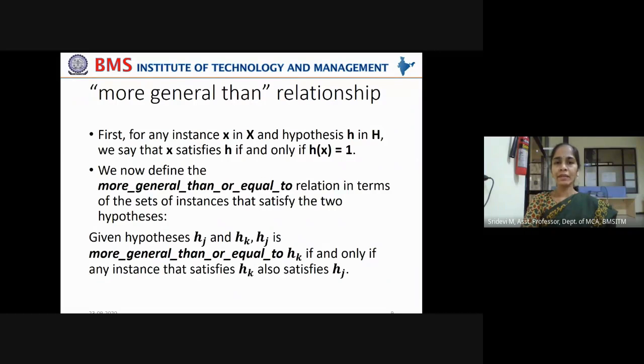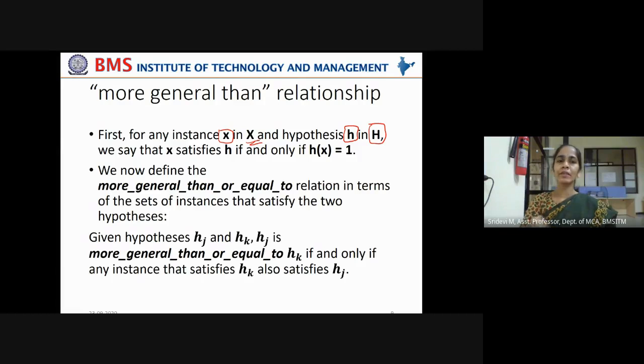First, for any instance X, let us take one particular day's example from the instance set capital X, and one particular hypothesis from the hypothesis space H. We say that X satisfies H if and only if H of X is equal to 1.